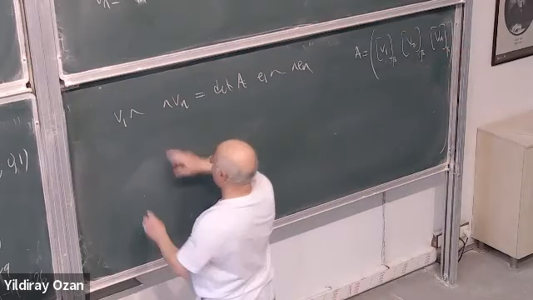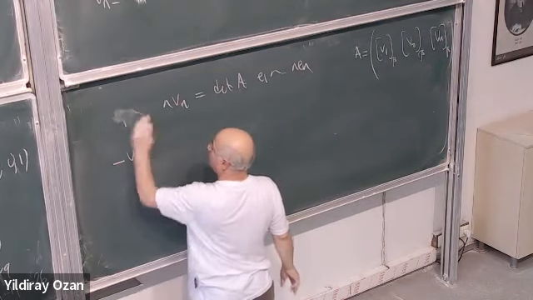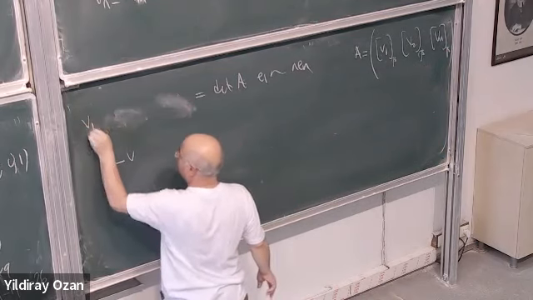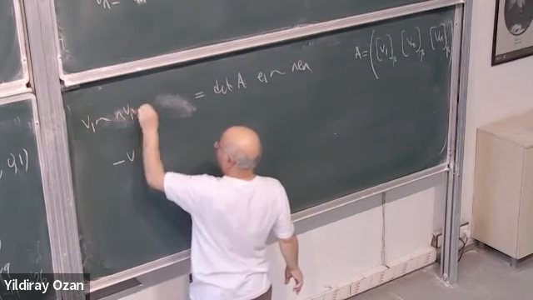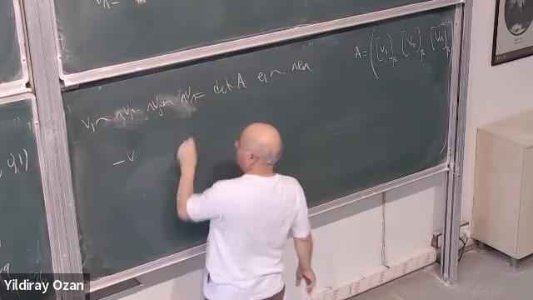If I interchange two elements, so this is minus, okay, let me write this here: V1, Vi, Vj, Vn.